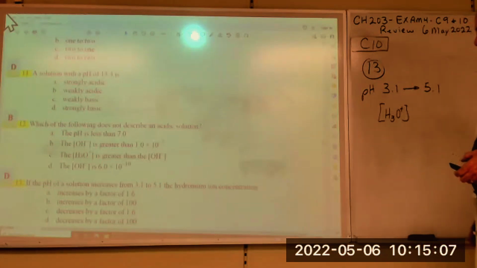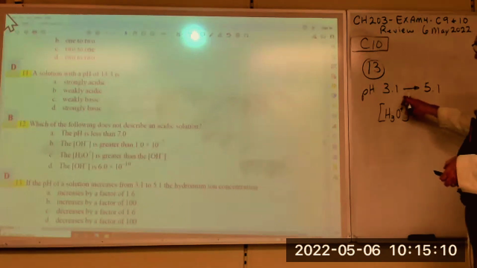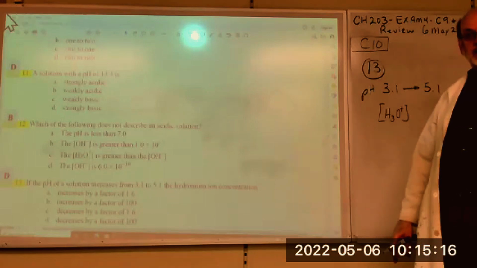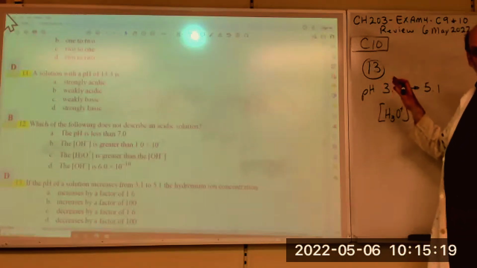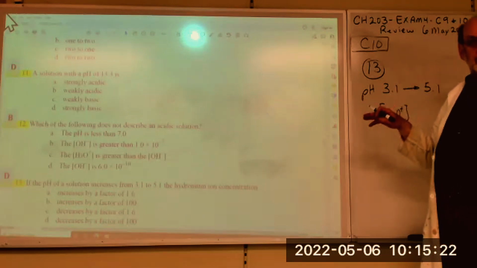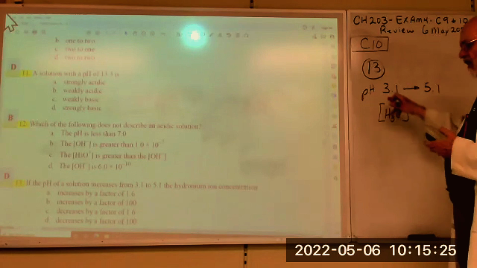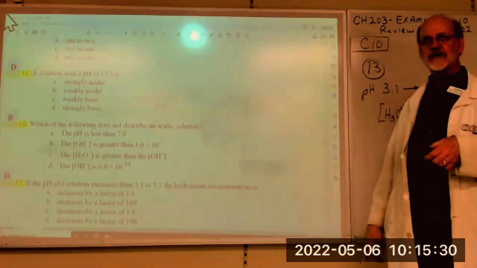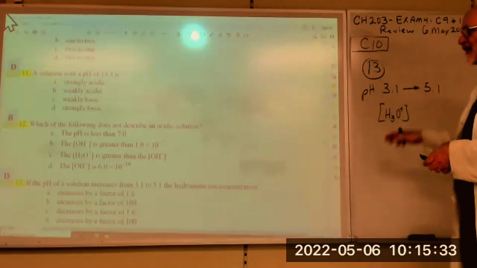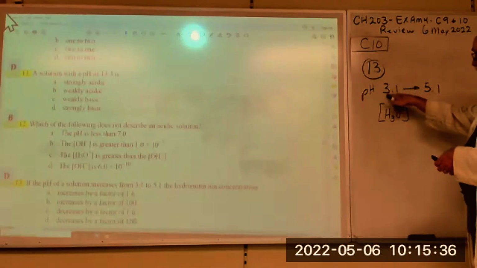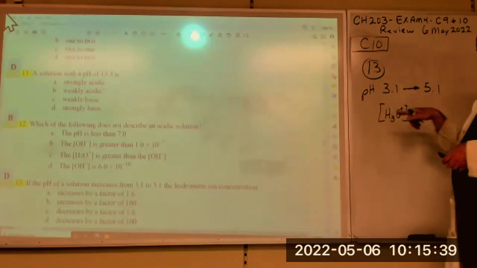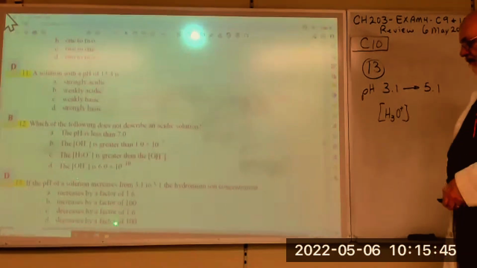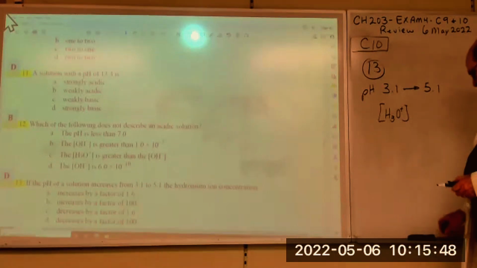C and D: decreases by a factor of what? 1.6? I don't think so. pH is a logarithmic scale, which means if you move 1 unit pH, you move a factor of 10. Well, because this is log base 10, right? If it was log base E, you move by a factor of 2.3, something. But in this case, it's by a factor of 10. So we moved 3.1 to 4.1 to 5.1. That's 10 squared, 100 times. Okay.